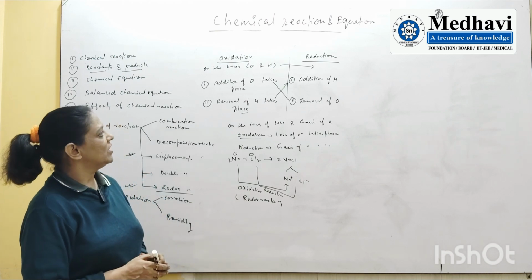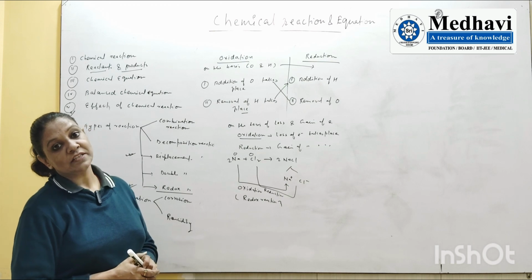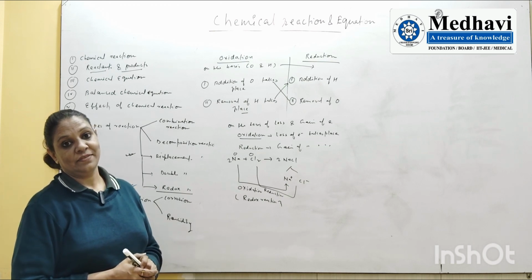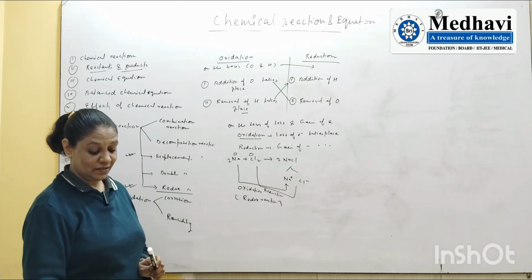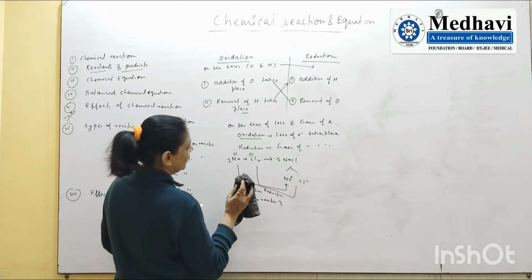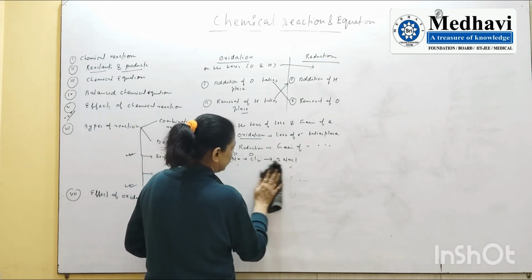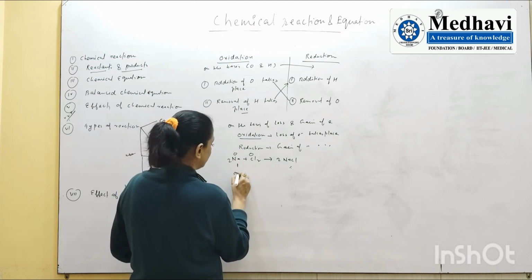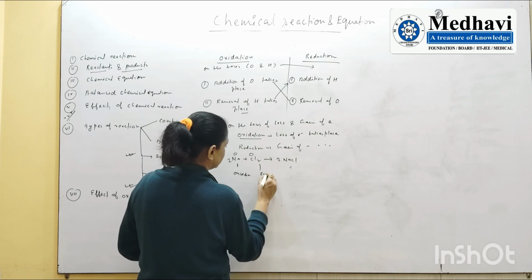One more piece of information we have to know from this concept, that is oxidizing agent and reducing agent. Very, very important information: here sodium turns to Na plus, so sodium undergoes oxidation, and here it is reduction.